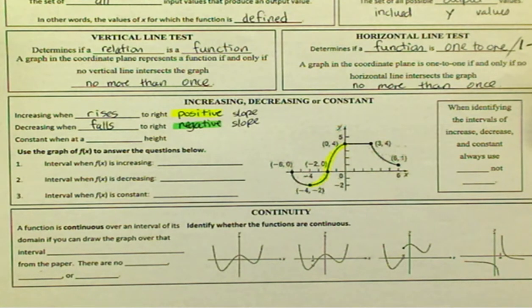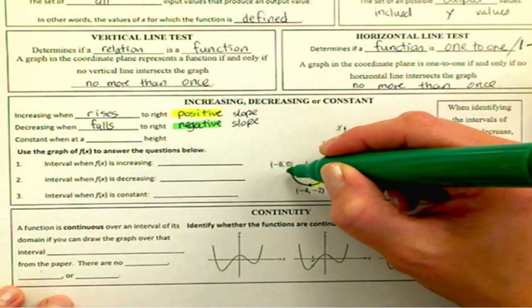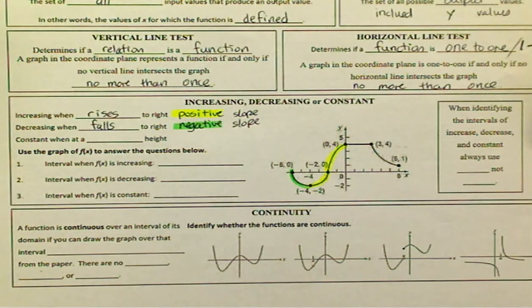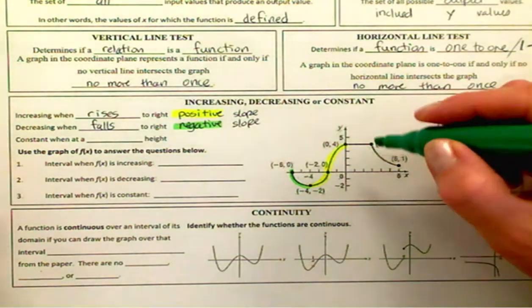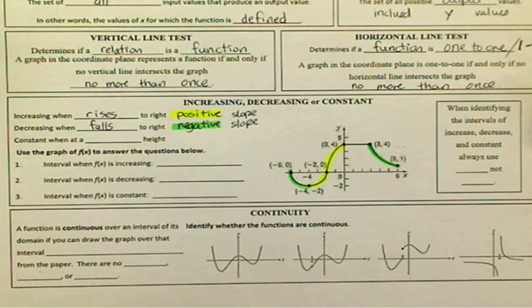Somebody new, tell me where to highlight. John? -6, 0 to -4, -2. Okay, and then Alyssa. 3, 4 to 6, 1. Yes. All right.